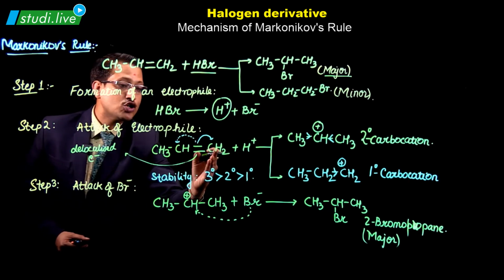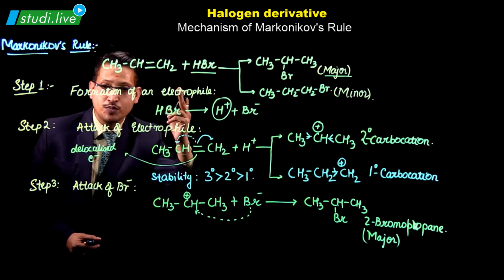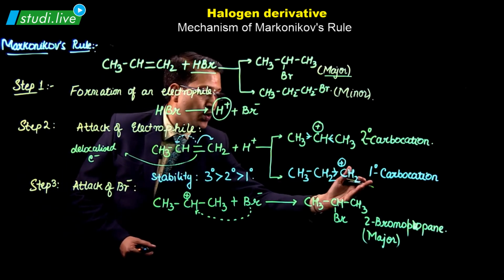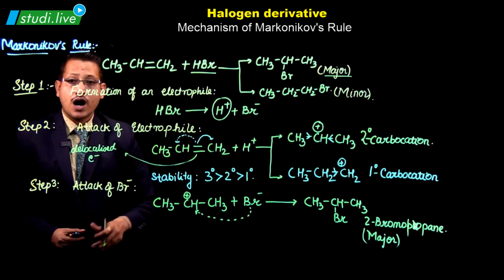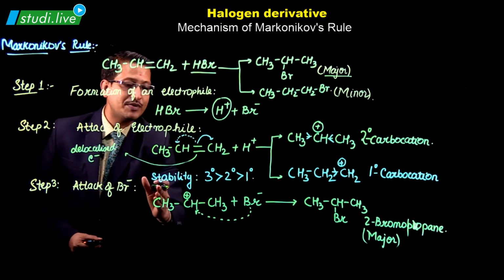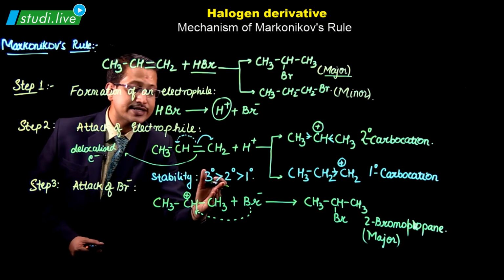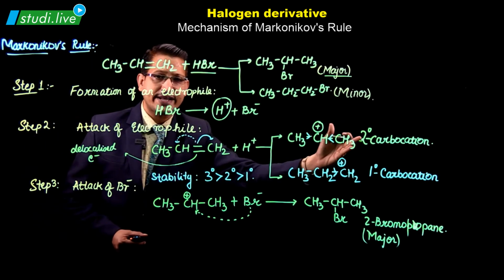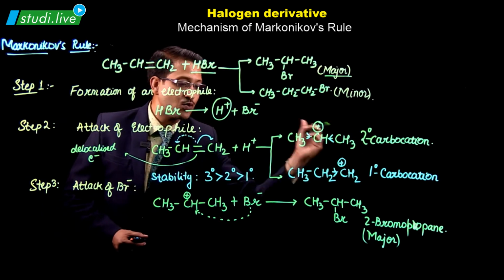Now when it is attacking on the carbon-carbon double bond, there are two possibilities, and that gives you 2-degree carbocation and 1-degree carbocation. According to plus I effect, we study that the stability order is 3 degree greater than 2 degree greater than 1 degree. And therefore 2-degree carbocation is more stable than 1 degree.